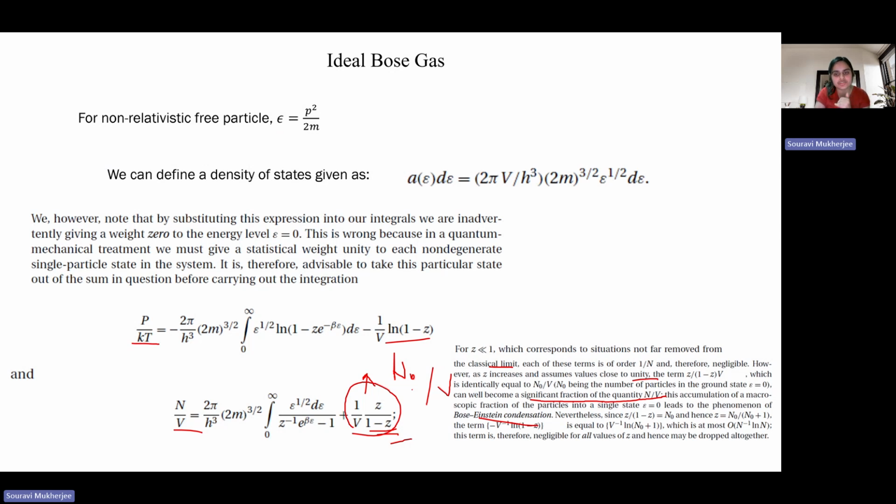So as z tends to 1, the number of particles in the zero energy state keeps on rising, and that phenomenon is called Bose-Einstein condensation. Now you can understand that while this keeps on rising, ln of 1 minus z does not change much, so in that case it can be ignored. It does not play a significant role because of the logarithm involved.